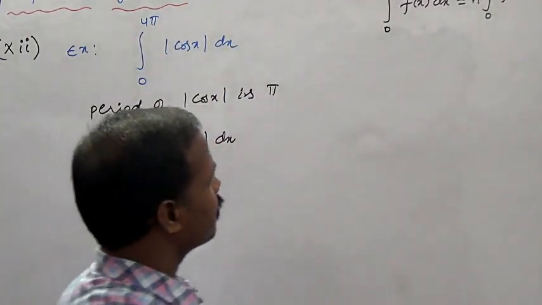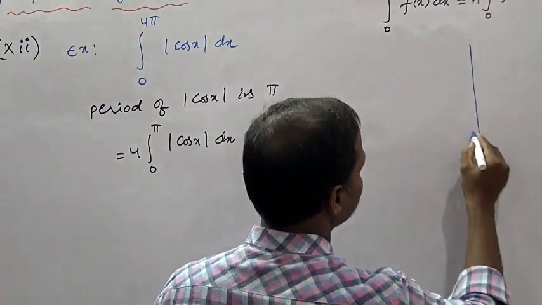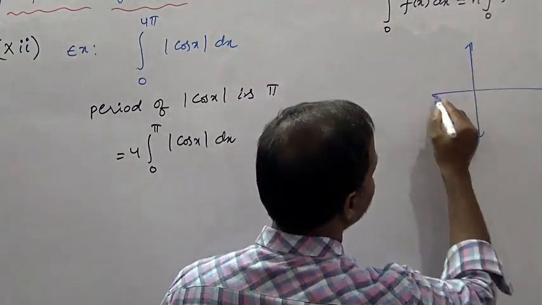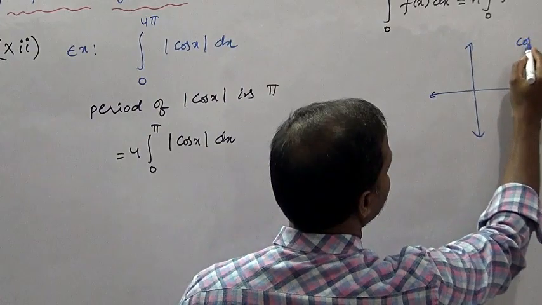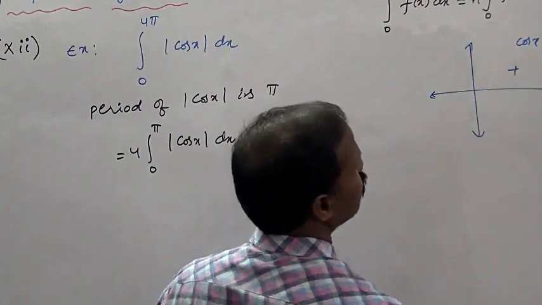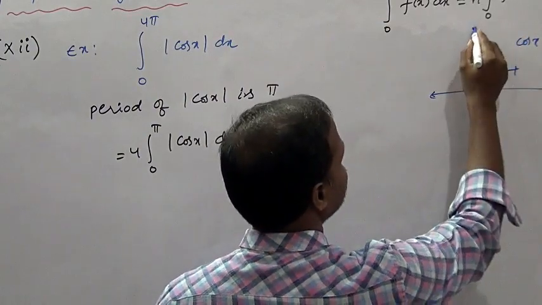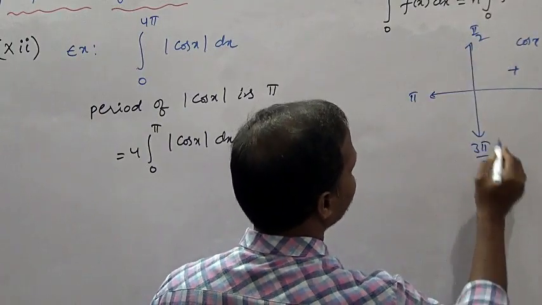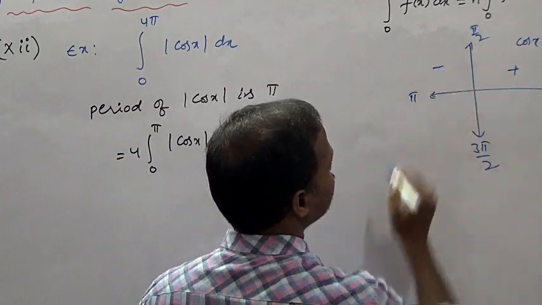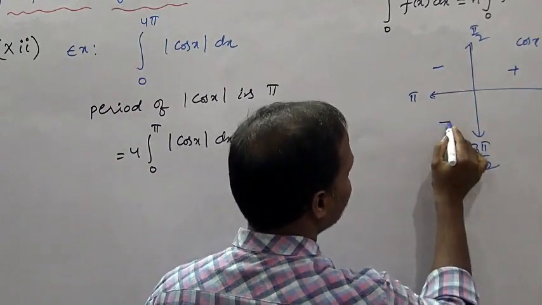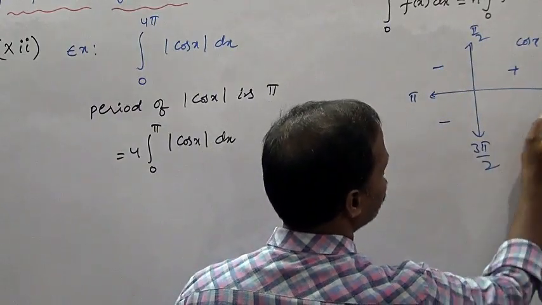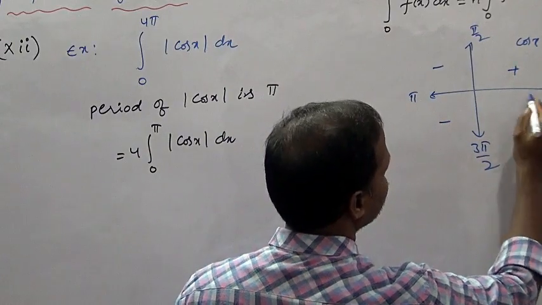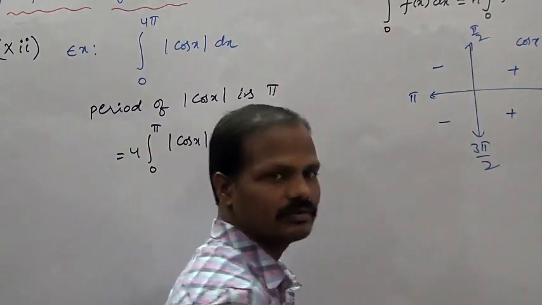But we know that the cos x function is positive here in the first quadrant, 0 to pi by 2. From pi by 2 to pi it is negative, and pi to 3 pi by 2 also negative, and 3 pi by 2 to 2 pi it is positive.